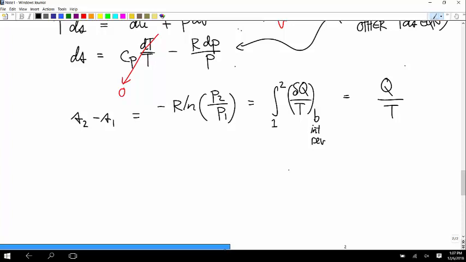So for the two isothermal processes, there is heat transfer, and the energy that's coming in for one of the isothermal processes has to be the energy that goes out for the other isothermal process because it's a cycle.